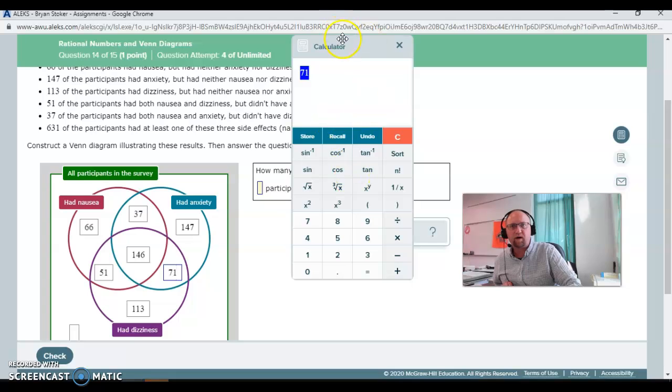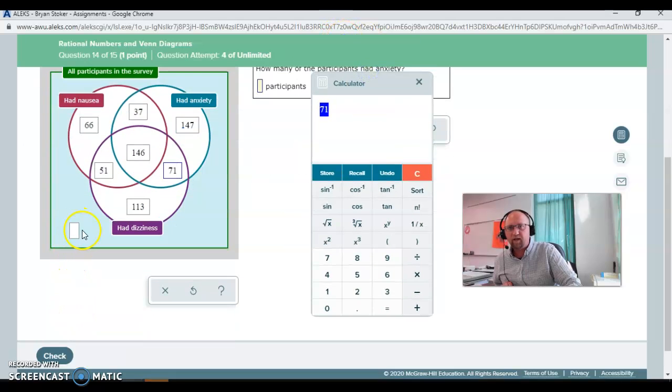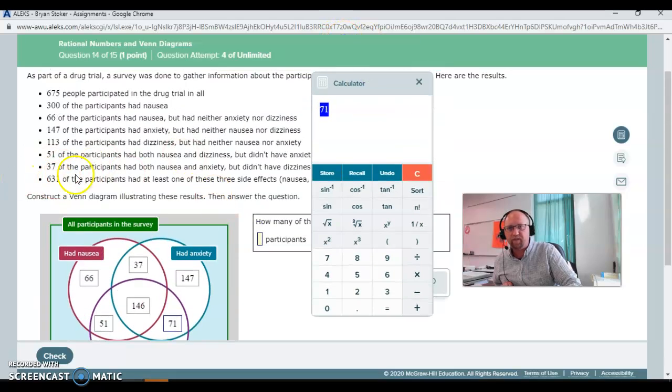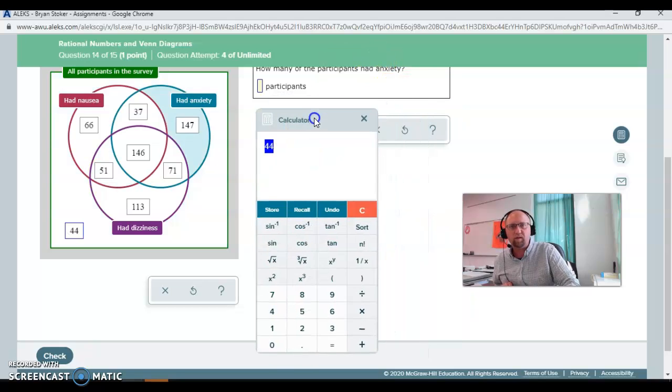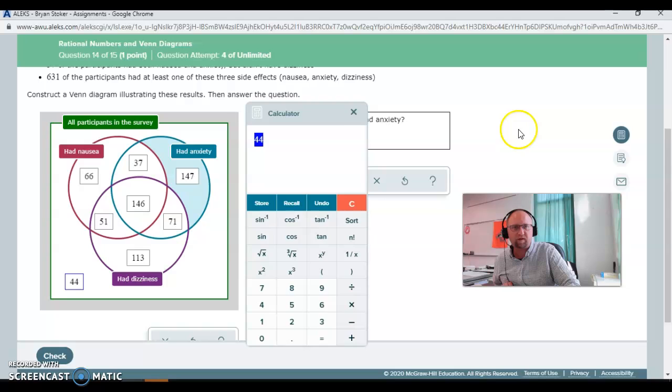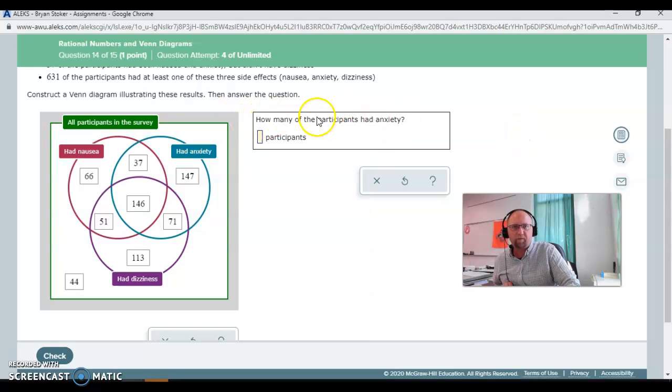And then the last box down here is how many people were surveyed but had no side effects. For that box, I take all the people surveyed, 675, subtract all the ones that had a symptom, and that leaves me with 44. Then for this last question, they want to know how many of the participants had anxiety.